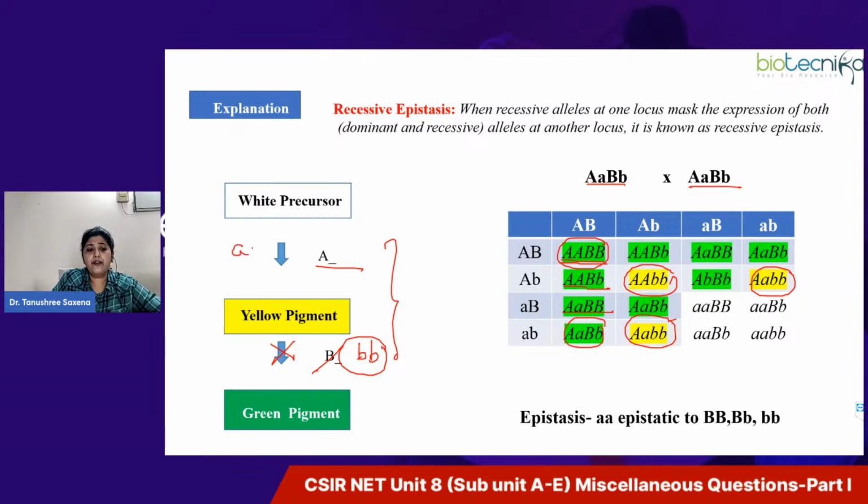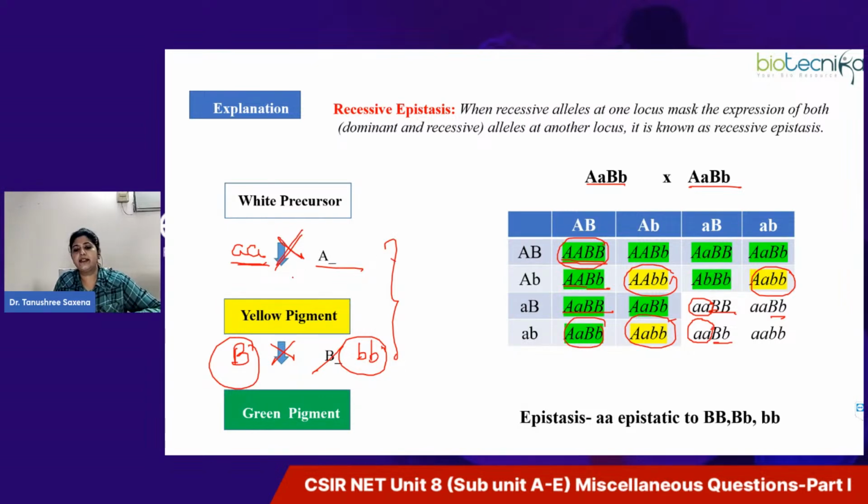But if you have the A allele in homozygous recessive condition, and it is mutated, the pathway will be blocked here. It doesn't matter even if you have a dominant normal B allele. So here you have a normal B allele in homozygous or heterozygous, but because the mutant A allele is there, the pathway will be blocked here.